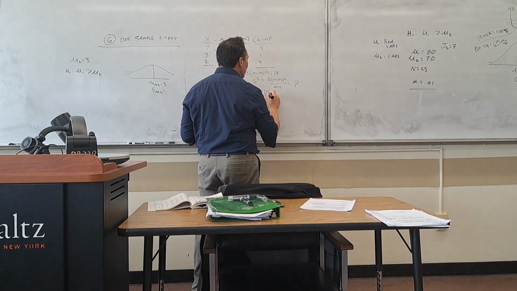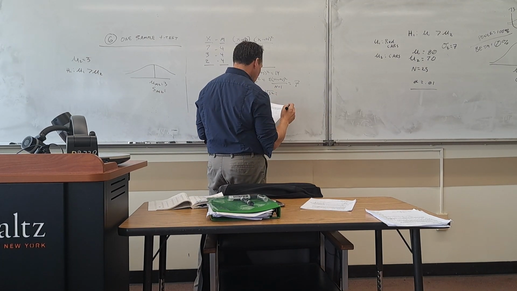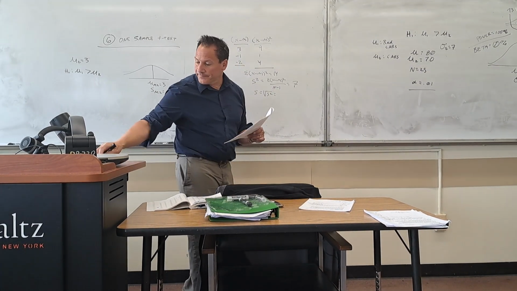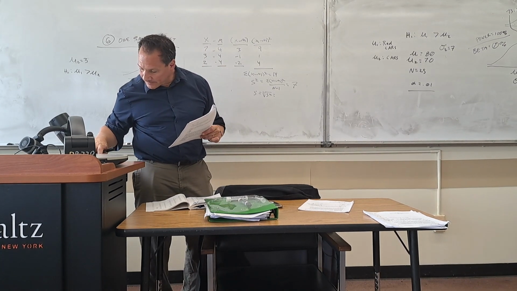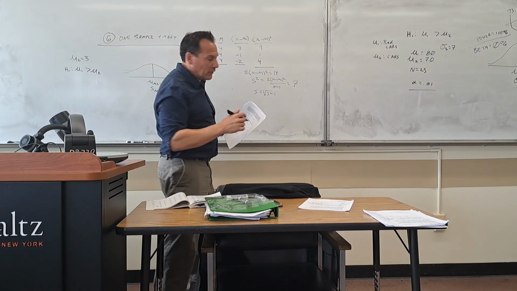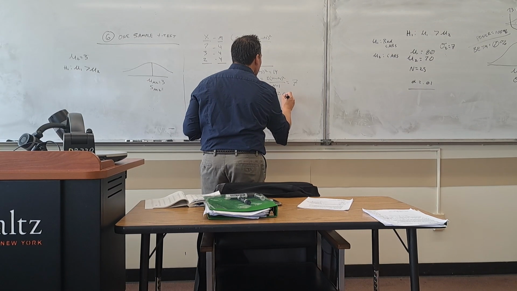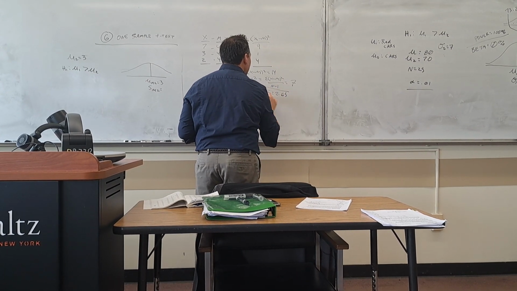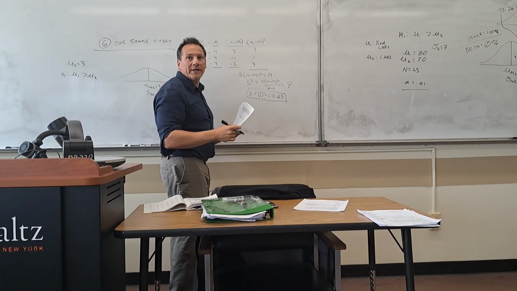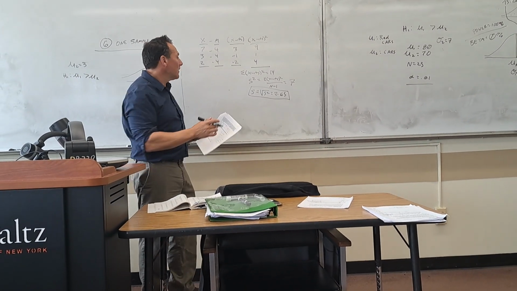S is the square root of S squared, which is 2.65. I'm going to put a box around that and just put a pin in it for now. We'll get back to it.